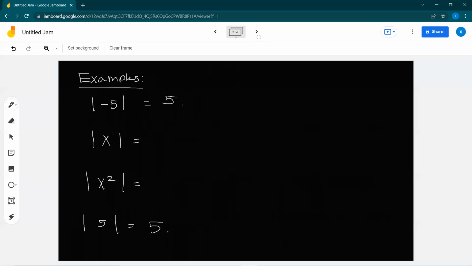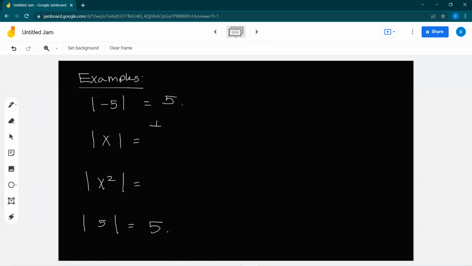How could we represent the absolute value of x if we remove these bars? What could we say the expression is equal to? We have a few cases to consider. Since the factor that influences absolute value is sign, what would the absolute value of x be if x was a positive number, a negative number, or 0? Let's see what the absolute value would be in all those cases.